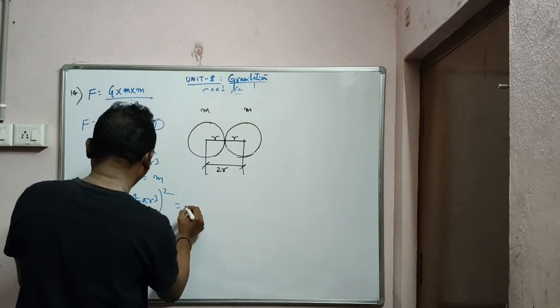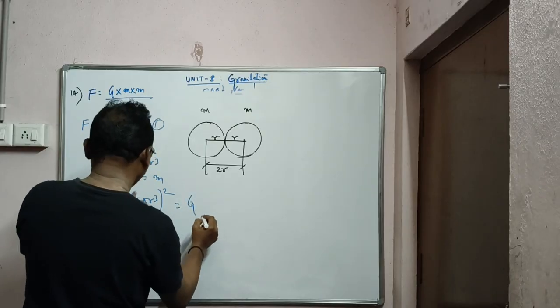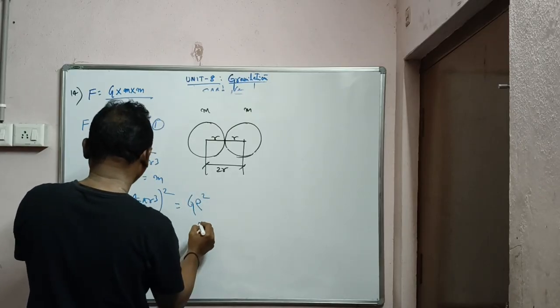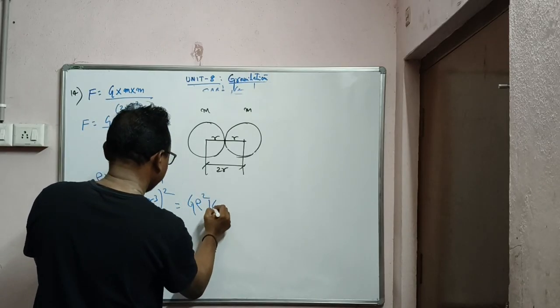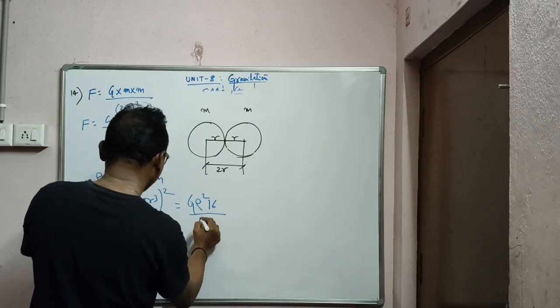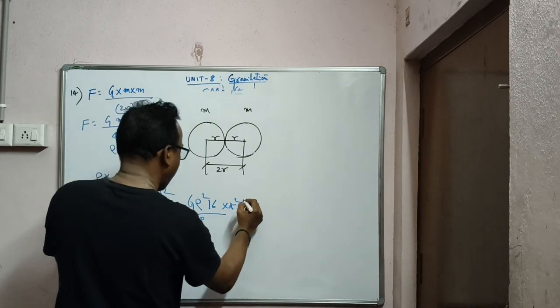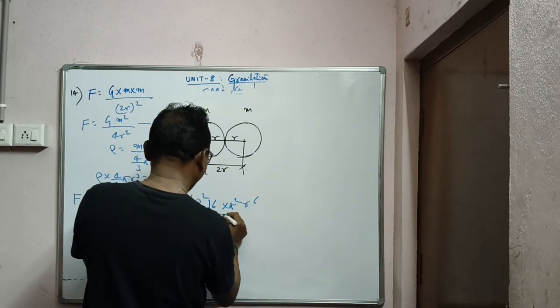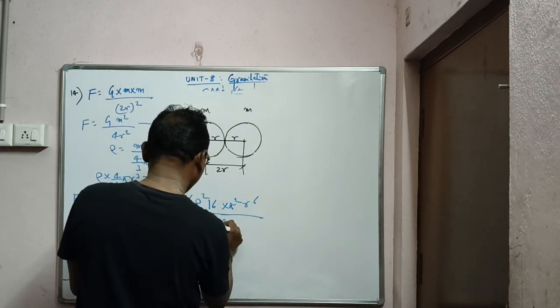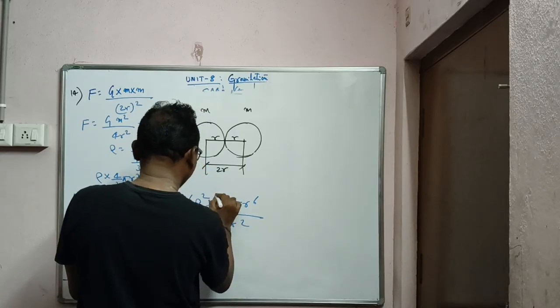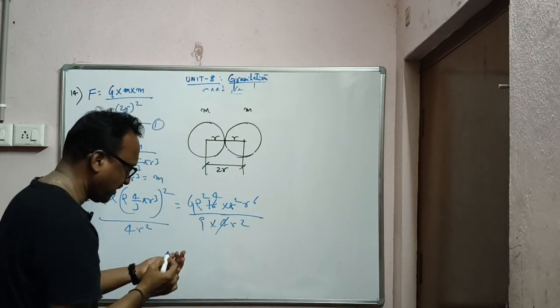Now observe carefully: G is a constant, rho square is a constant. 4 into 4 is 16 by 9 square, into pi square, is r power 6 by 4 r square. Even if we cancel, all this comes under constant.